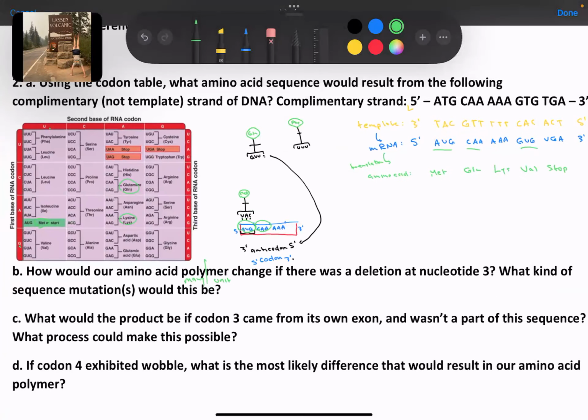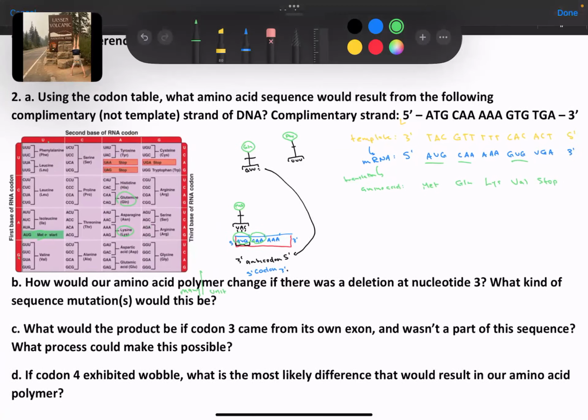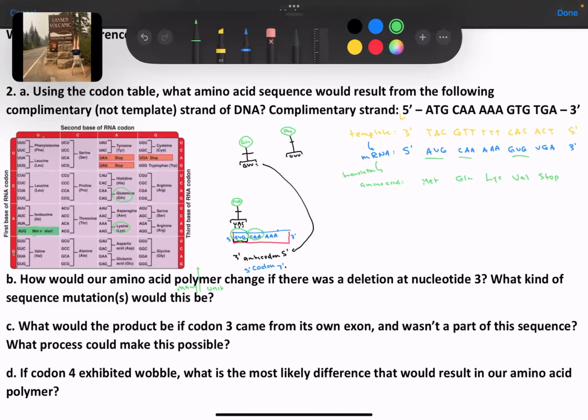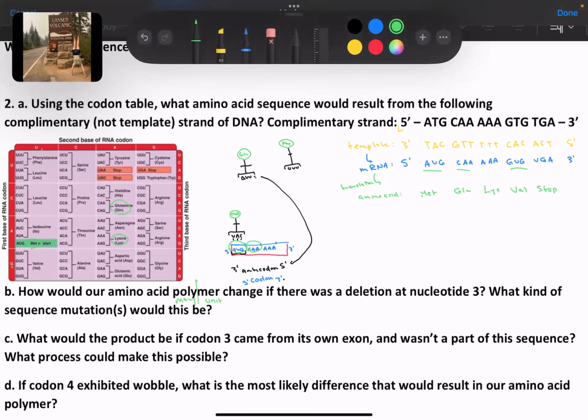Okay, so deletion at nucleotide 3, we can just look at our sequence up here and say, okay, nucleotide 3. So we have 1, 2, 3, 1, 2, 3. This one here, actually, yeah. And the third one gets deleted. How is this going to affect our amino acid sequence?